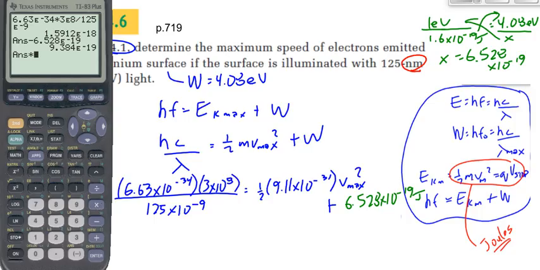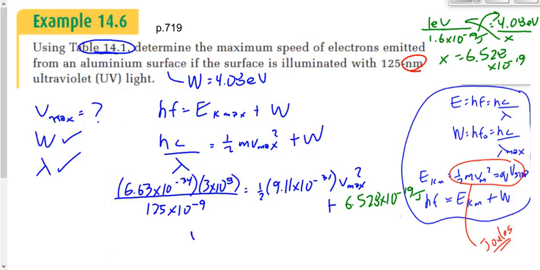Now let's times that by 2. Let's divide it by 9.11. And then let's square root that. 1.44 times 10 to the 6 meters per second.